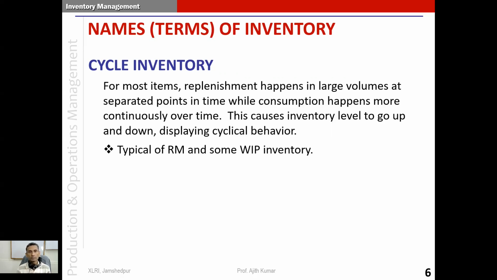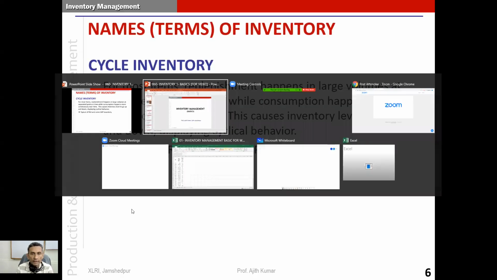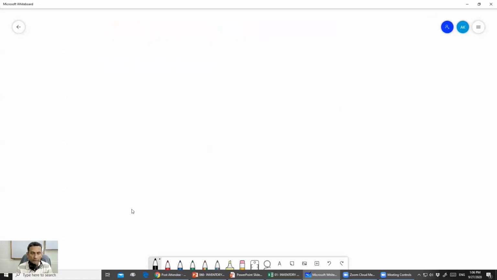Now, to give you a simple example of cycle inventory and why it gets the name cycle inventory, let's again go back to our kitchen and look at the stock of rice that we have. So I'm drawing a simple curve here.